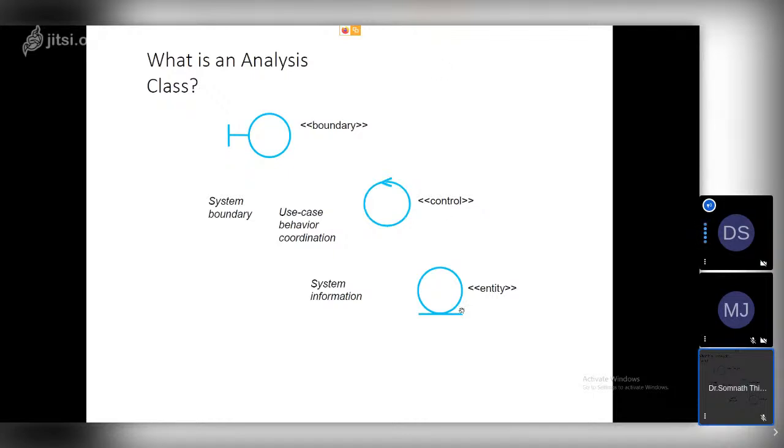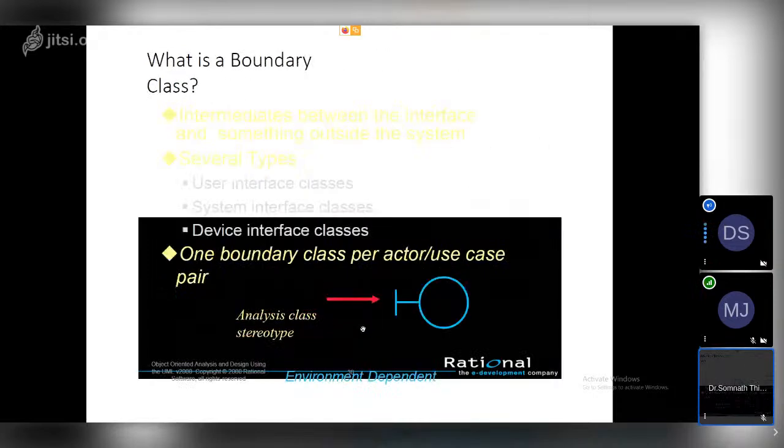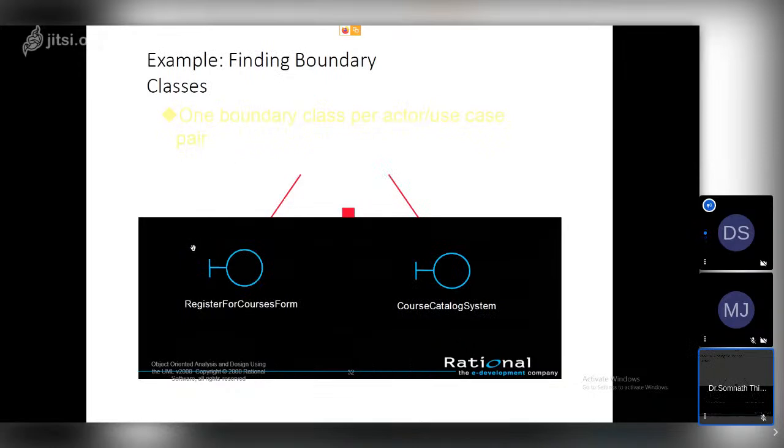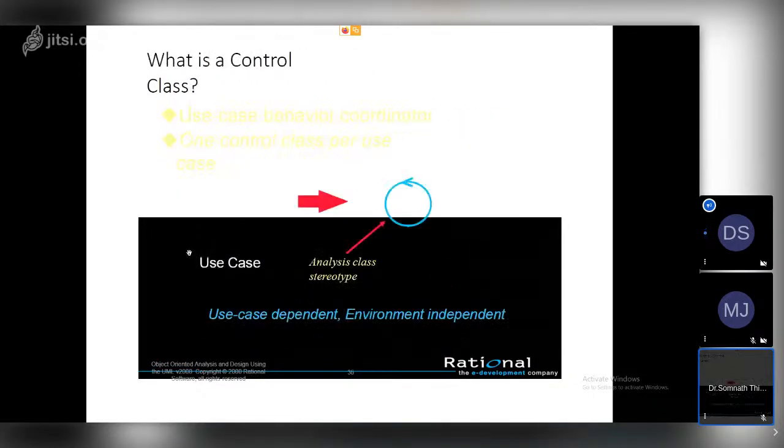M, V, and C. Model is the database, view is how it is looking from outside, that is your boundary, and control is for what purpose? Communication between this boundary and entity, we will call it as one control. This is one of the simplest parts when we are trying to perform the analysis of class. So boundary, view, and control, remember this simple architecture. How we are going to find out this boundary class, entity class, and control class, that we will now discuss.